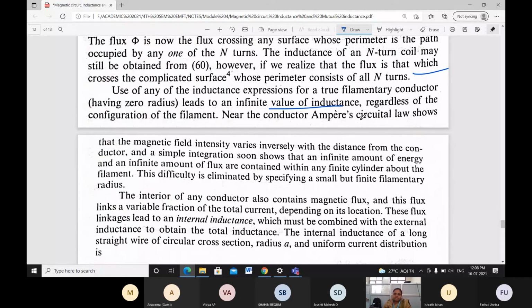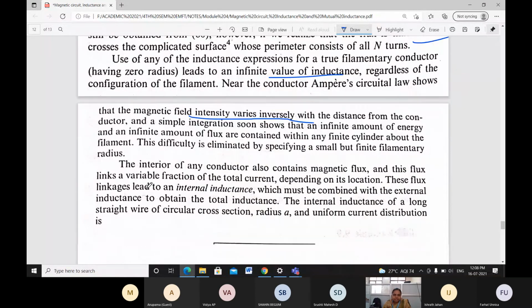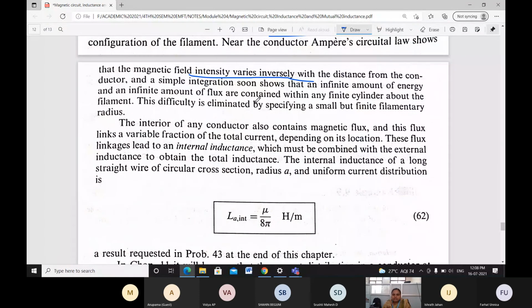Near the conductor, Ampere's circuital law shows that the magnetic field intensity varies inversely with the distance from the conductor, and a simple integration shows that an infinite amount of energy and an infinite amount of flux are contained within any finite cylinder about the filament. This is difficult to eliminate by specifying a small but finite filamentary radius.